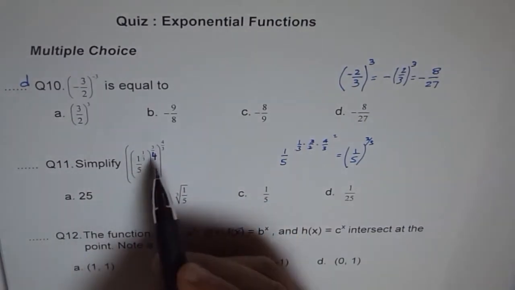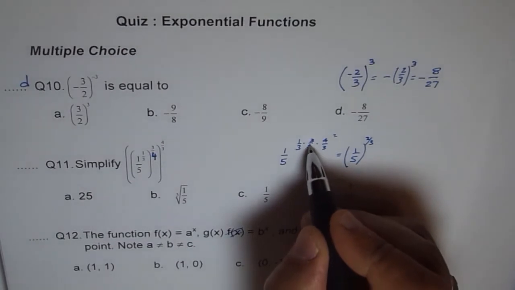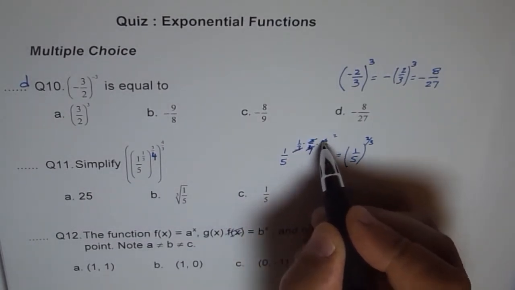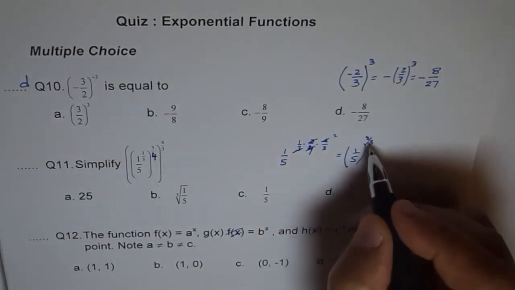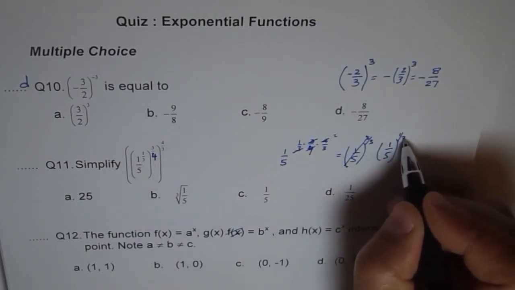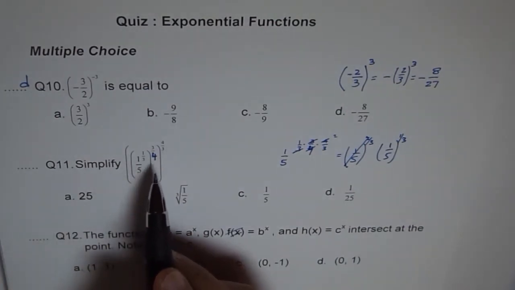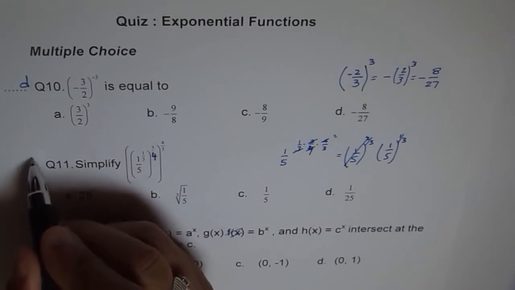If I make this 4, it becomes 3/4, so this and this cancel, and this cancels, and I get 1/3. Do you see that? Then I get 1 over 5 to the power of 1/3. So we'll consider this to be a typing error, and once we do that correction, we get B as our answer.